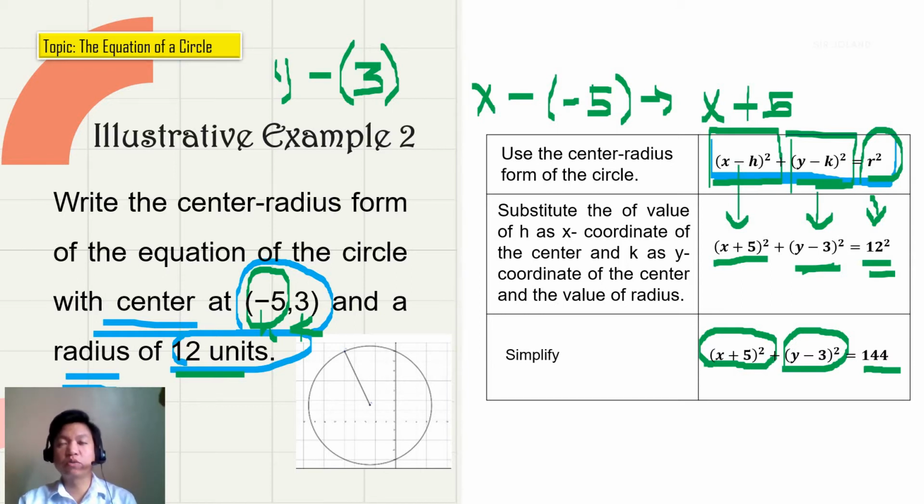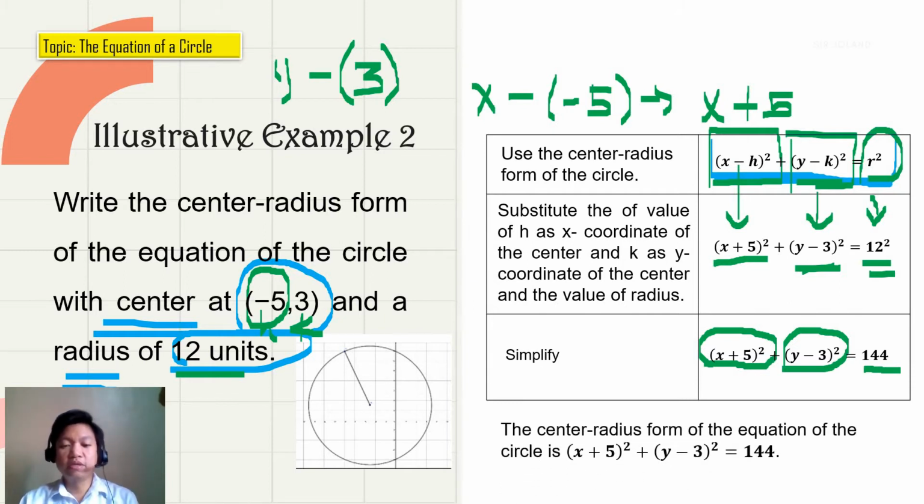So, galing siya sa 12 squared. That is 12 times 12. That's 144. And that's it. So, the center radius form of the equation of the circle is, eto na siya. Yung ating open and close parenthesis, x plus 5 squared plus the open and close parenthesis, y minus 3 squared is equal to 144.